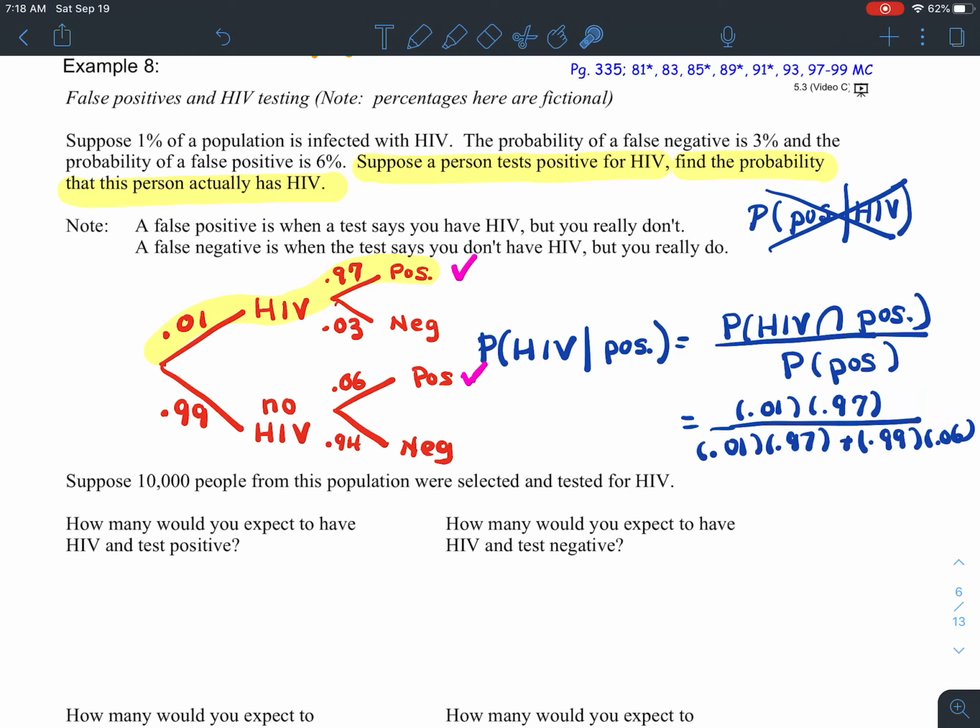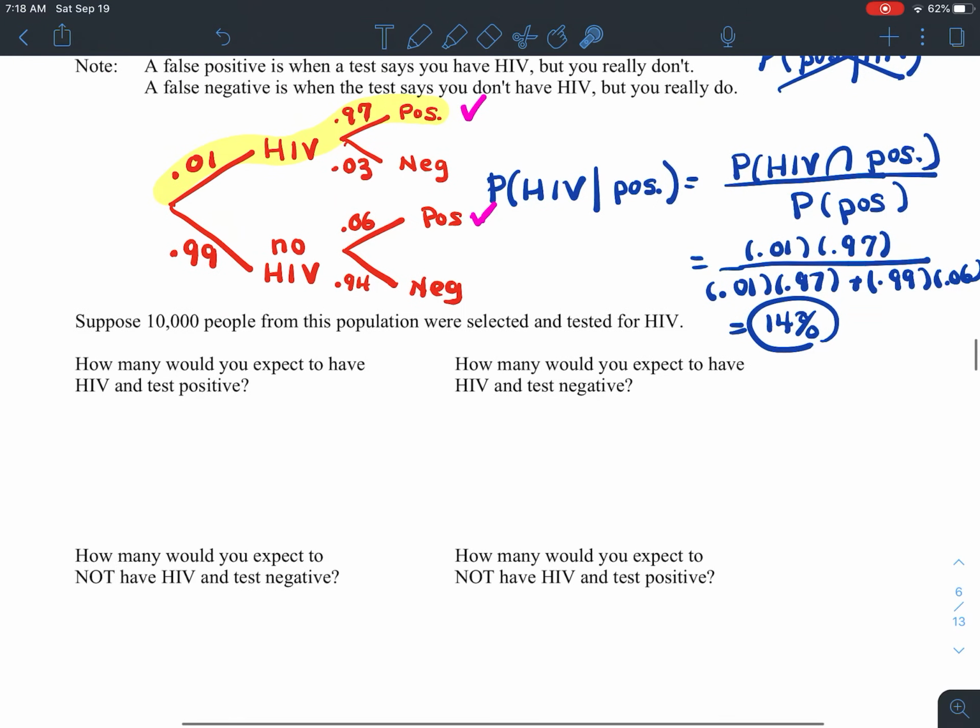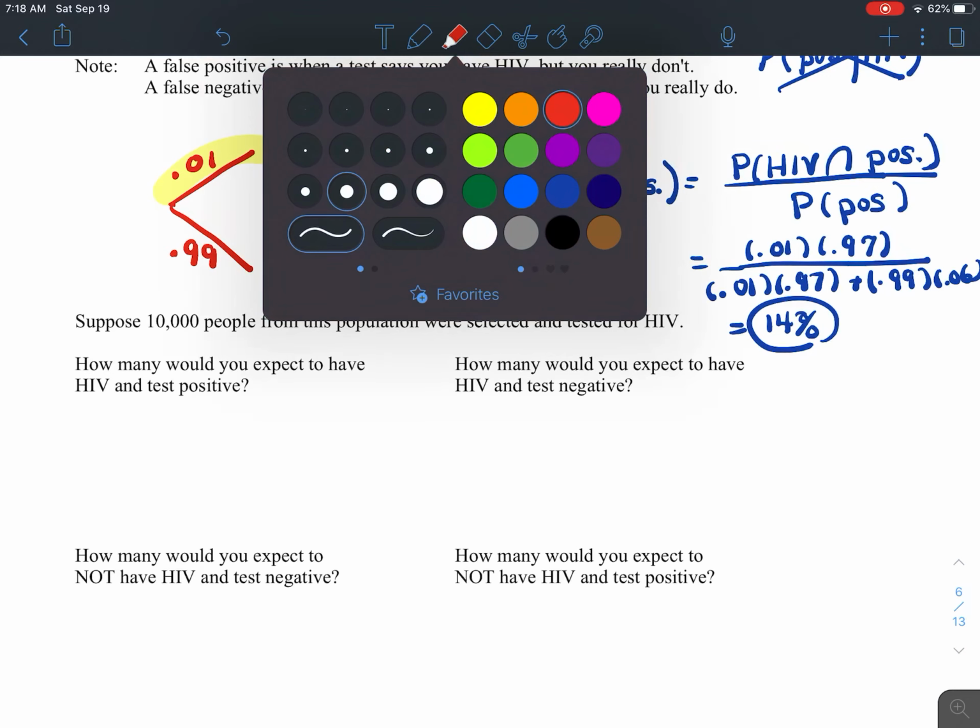And then I need to put the 0.99 and the 0.06 because that also ends with a positive test result: no HIV, but still showing the test is positive. These would get multiplied, added together. You may not cancel these here for the simple fact that there is an addition sign there. That needs to be typed in very carefully into the calculator, and it would give roughly a 14% chance of that occurring.